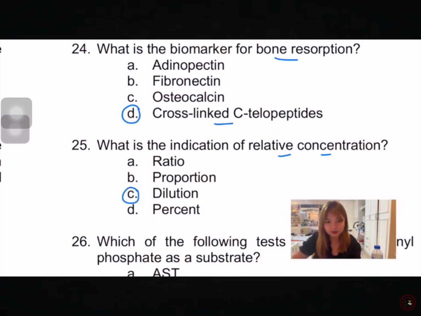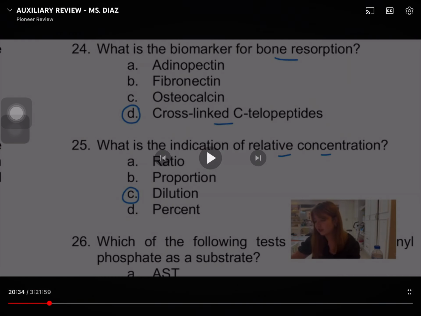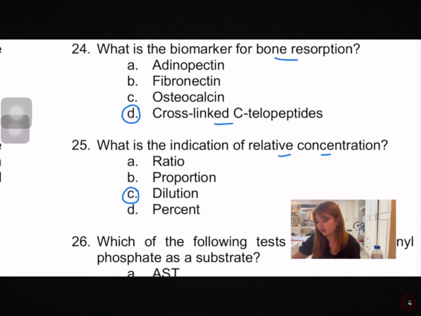So, ito yung mga kailangan na natin i-memorize. Cross-linked C-telopeptide, bone resorption, relative concentration, dilution.